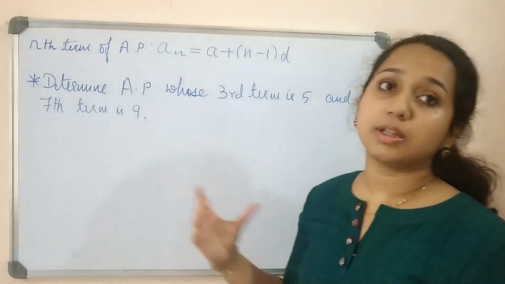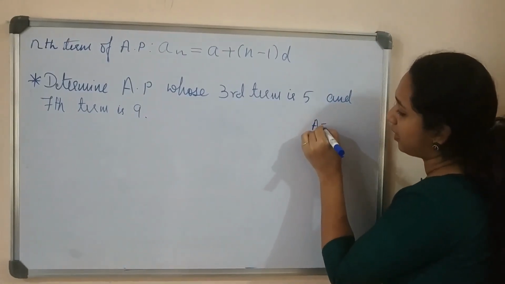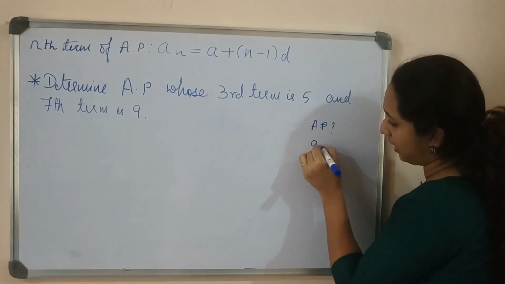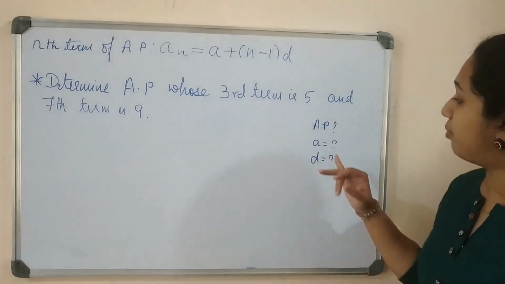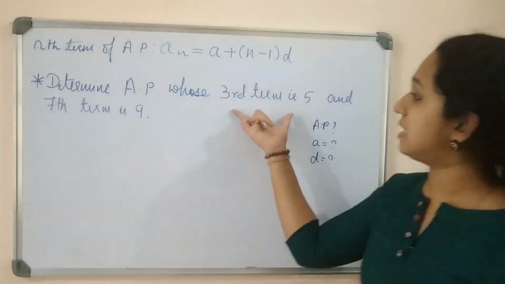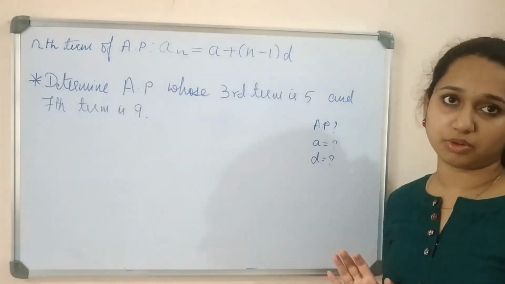To find the arithmetic progression series, what data is required? To find an AP, I need A and I need D. I don't have both A and D, so using this data, I have to find A and D. Then I can form the arithmetic progression series.